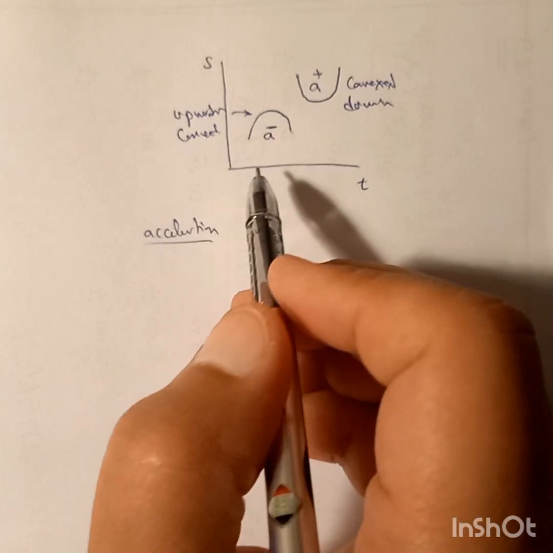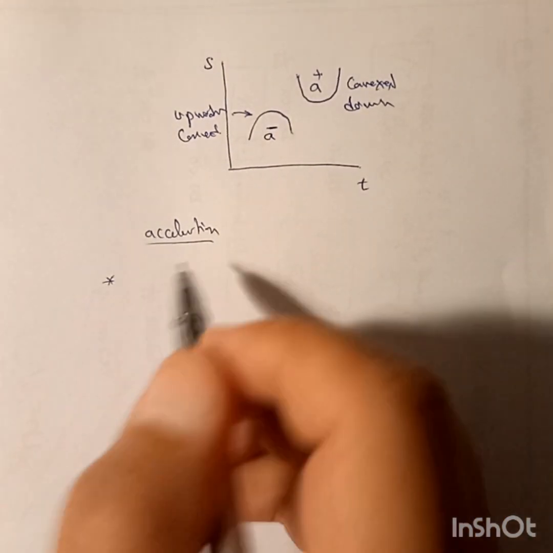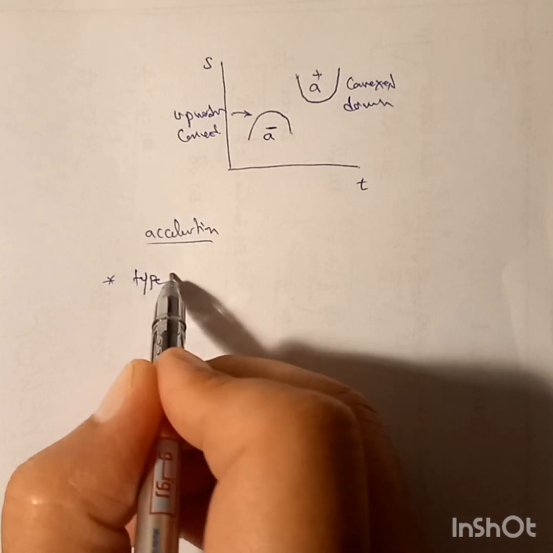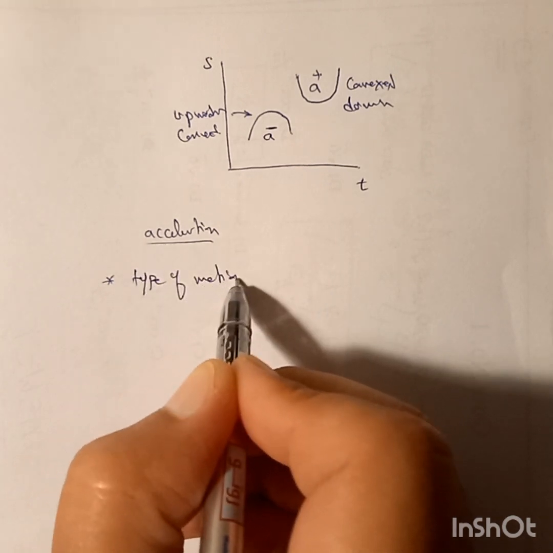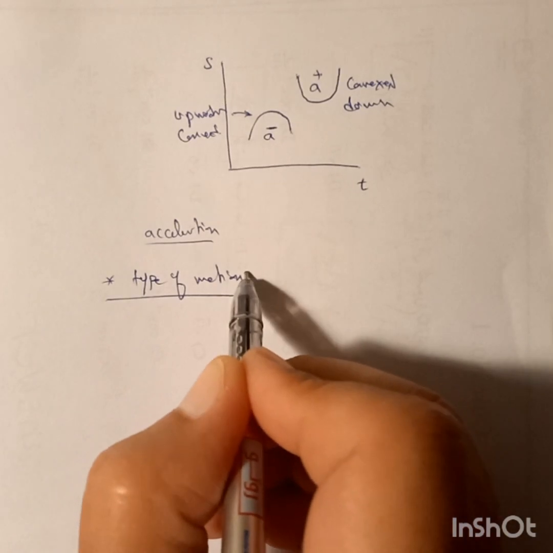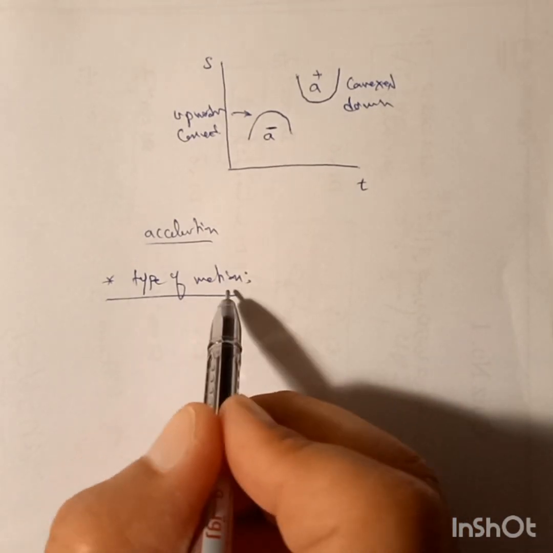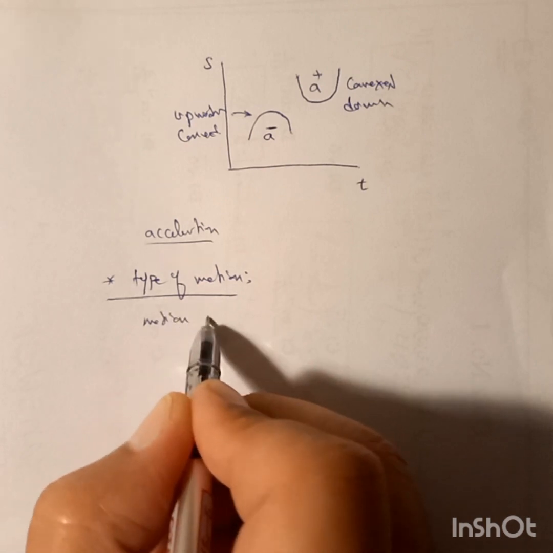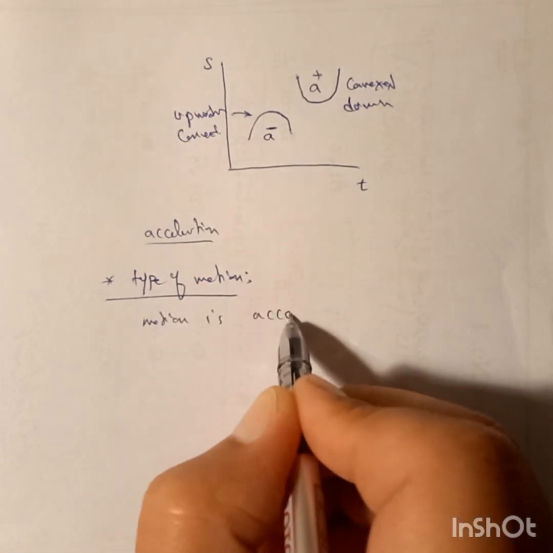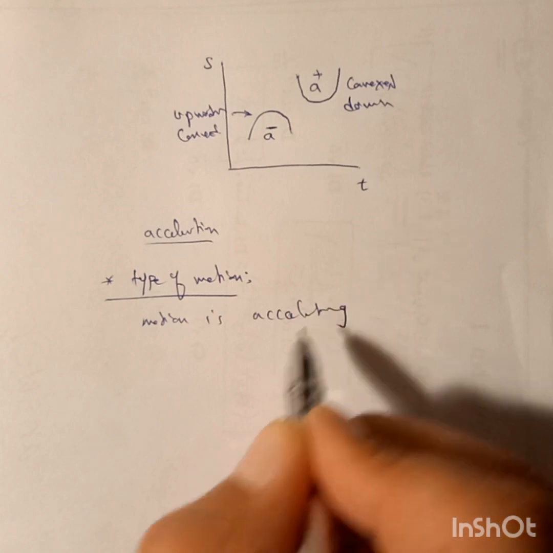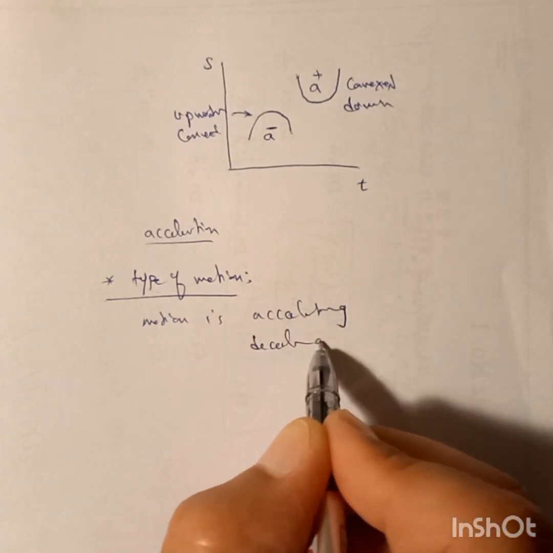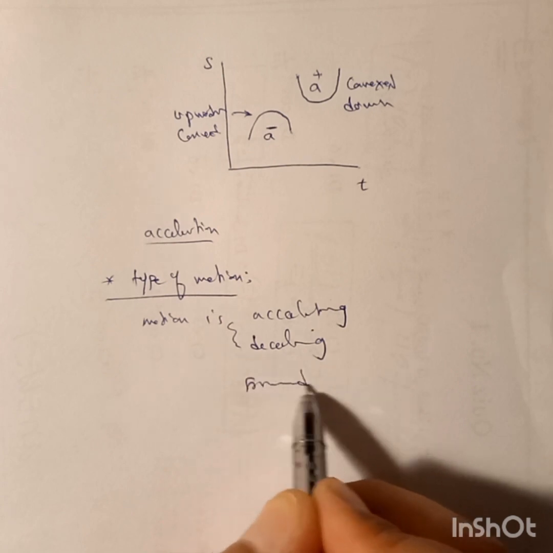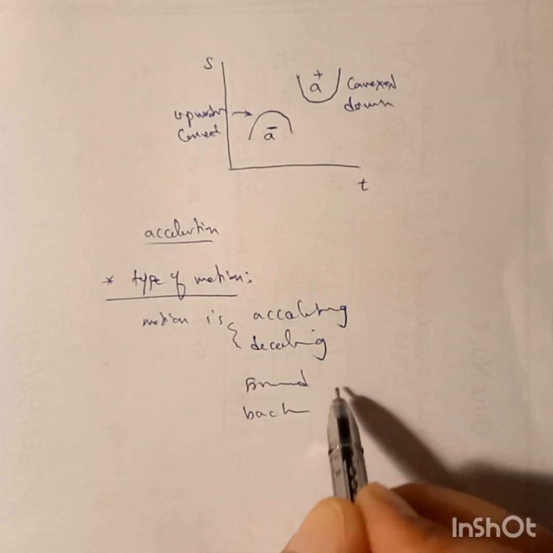Also we can find the type of motion of any point of any body. Type of motion means whether the motion is accelerating or decelerating, and whether it is in the forward or backward direction.